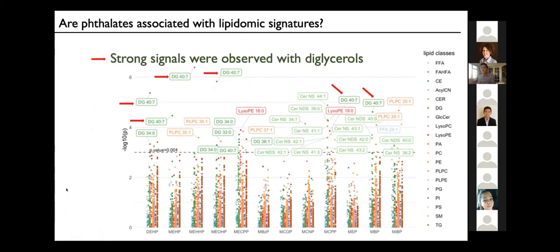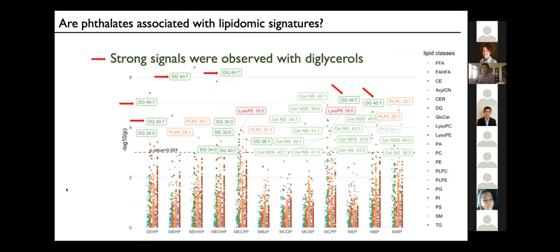And what we learned is that among all the different signatures that were noted, one of the strongest signals that appeared multiple times with different individual phthalate metabolites were these signals with diacylglycerols. And based on what we've learned from the literature, these signals with diacylglycerols are biologically consistent with studies that have focused on phthalate exposure and that have reported that phthalate exposure can alter lipid catabolism and the regulation of triglyceride catabolism as well as lipase activity.